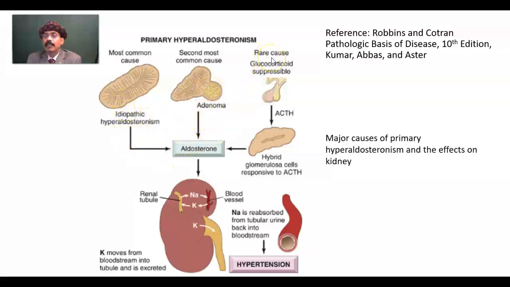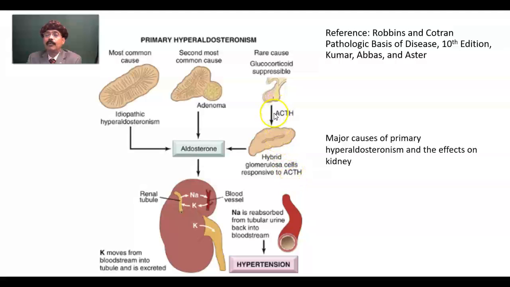Very rare, around 5% of cases, is the glucocorticoid suppressible condition. There will be stimulation of ACTH from the anterior pituitary that will increase the size of the adrenal cortex, with hybrid glomerular cells responsive to ACTH.